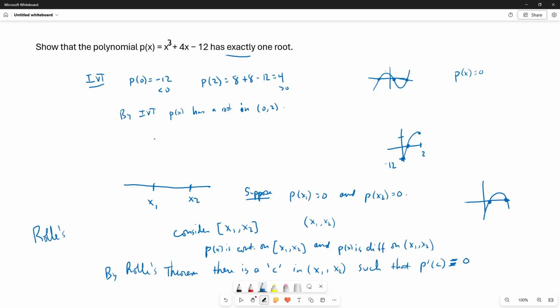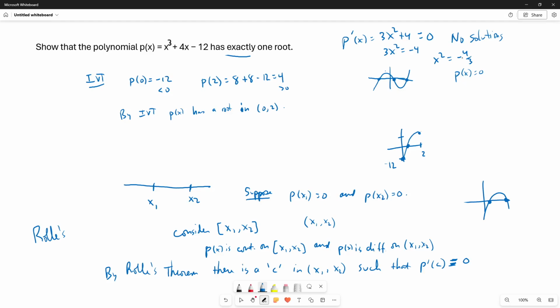But let's check P prime. What is P prime? P prime of x is 3x squared plus 4. If we try to set this equal to 0, we see that there are no solutions. 3x squared is at least 0, plus 4 is at least 4. If we try to go through the motions, we would see that 3x squared is equal to negative 4, and that x squared would have to equal negative 4/3.